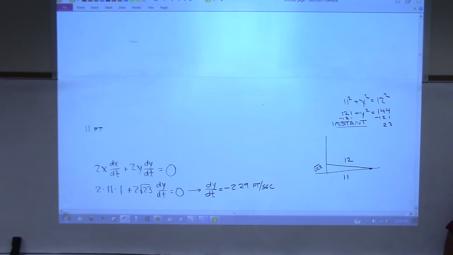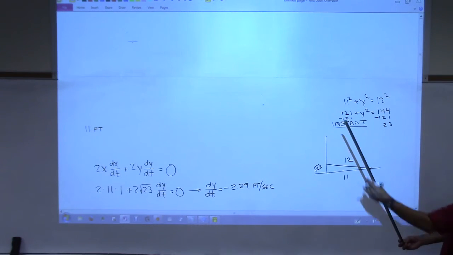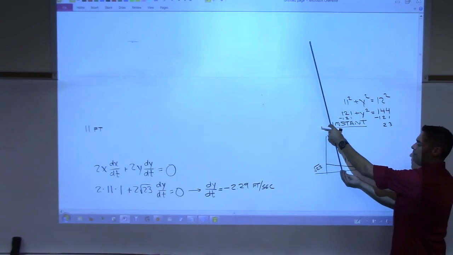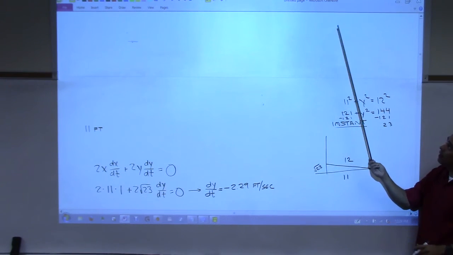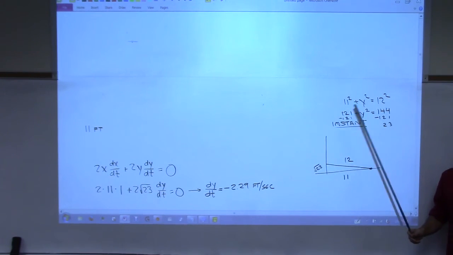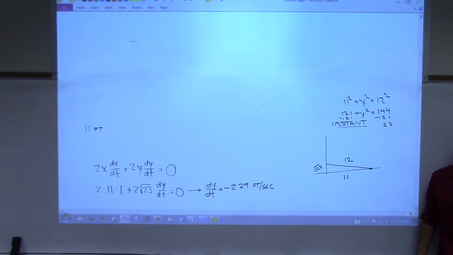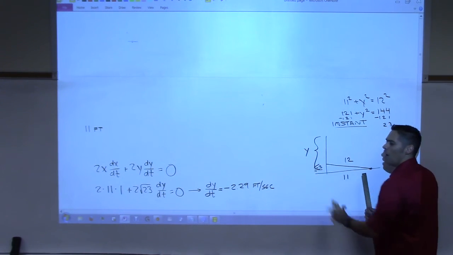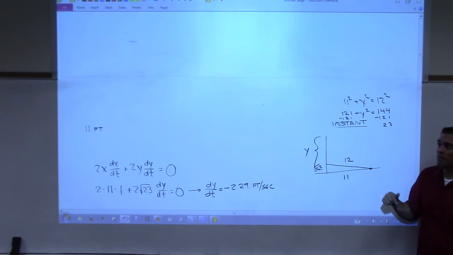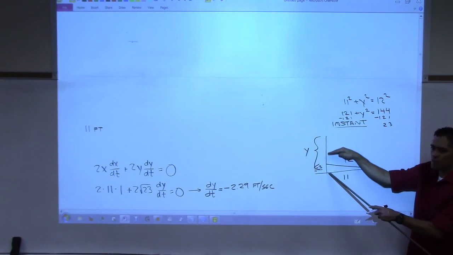Think about that. When this ladder was 3 feet from the wall, the point up there was coming down at what rate? Negative 0.2 something. Why do you think it was negative? Because it's coming down. If we had called this side y, and our answer dy/dt is negative, it means y is shrinking.